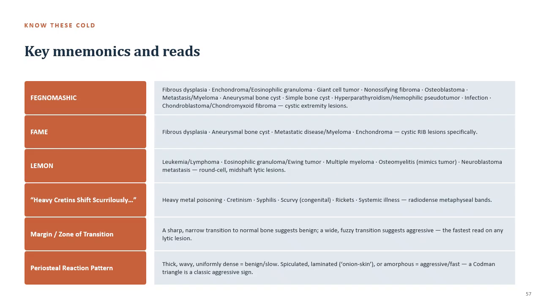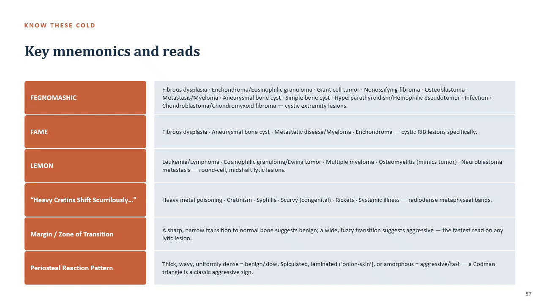The main point is that a lot of these different conditions can create those dark or hollow looking areas in the bone. So this is just an acronym that spells out that big list that you see right there of conditions that can cause cystic and lytic lesions.